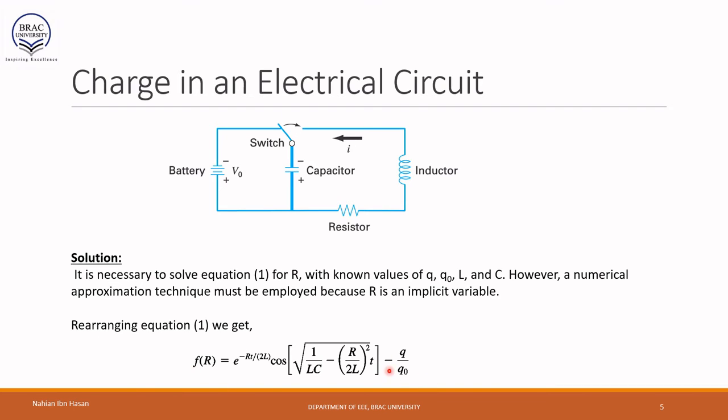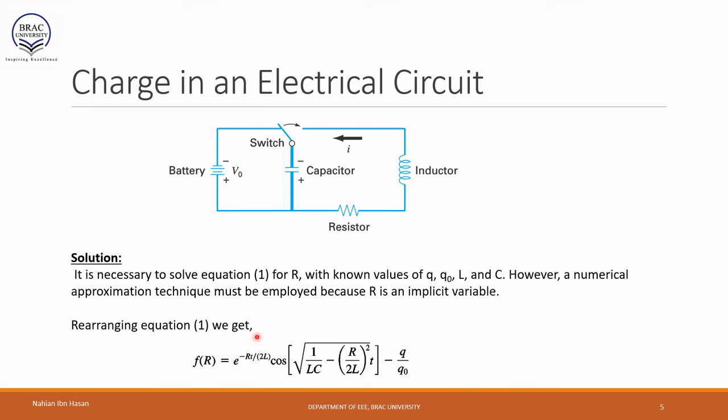If we move the term Q divided by Q naught to the right hand side of the equation, we get this total formula, and this is a function of resistance R, because in this function we know all of the values except the resistance R.